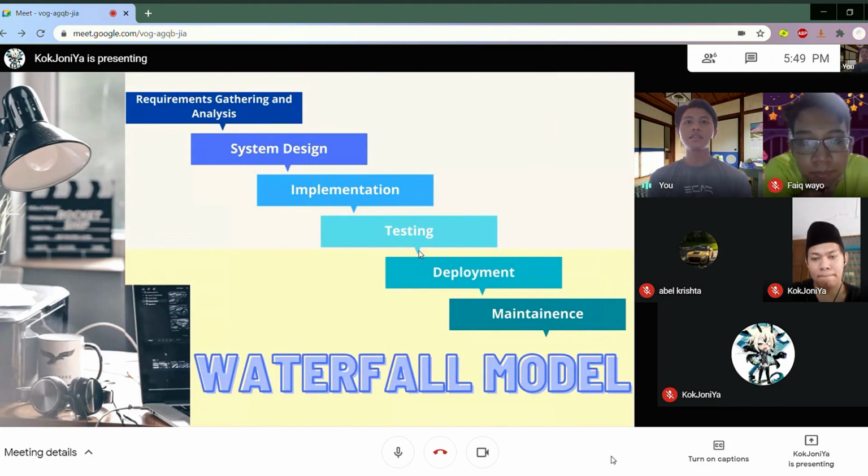And these are the waterfall model phases. The first phase is requirement gathering and analysis. The second phase is system design. The third phase is implementation. The fourth phase is testing. The fifth phase is deployment. And the last phase is maintenance.